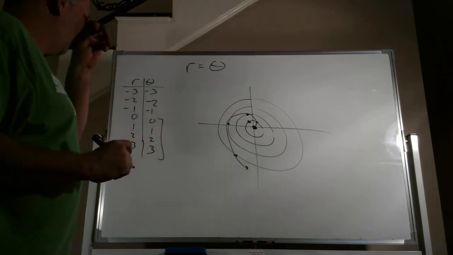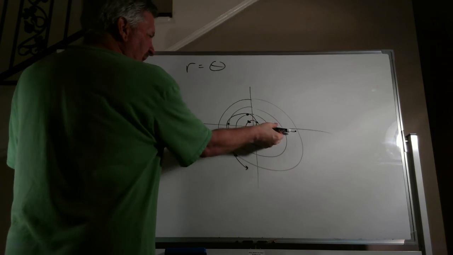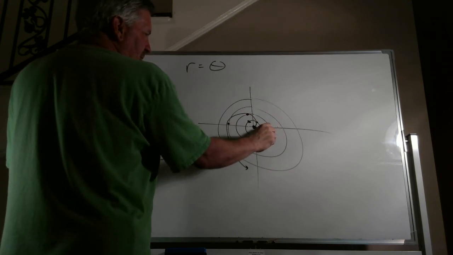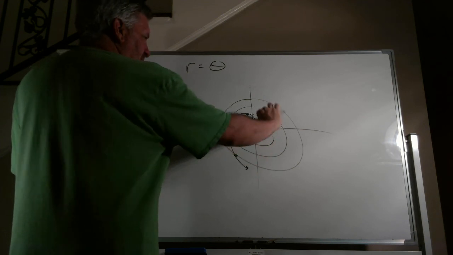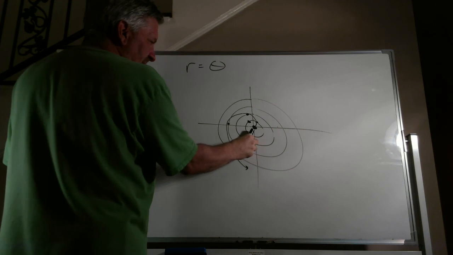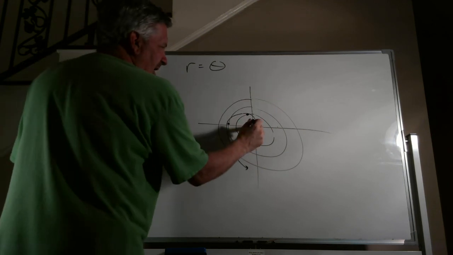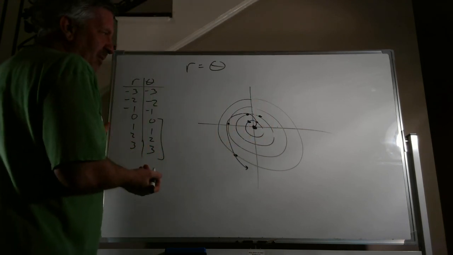Now where's -2, -2? Here was my 2. 2 radians was this way, so -2 radians is going to be this way. But now r is -2, you have to go back the other way, and it puts you here. So you see there's some symmetry going on.